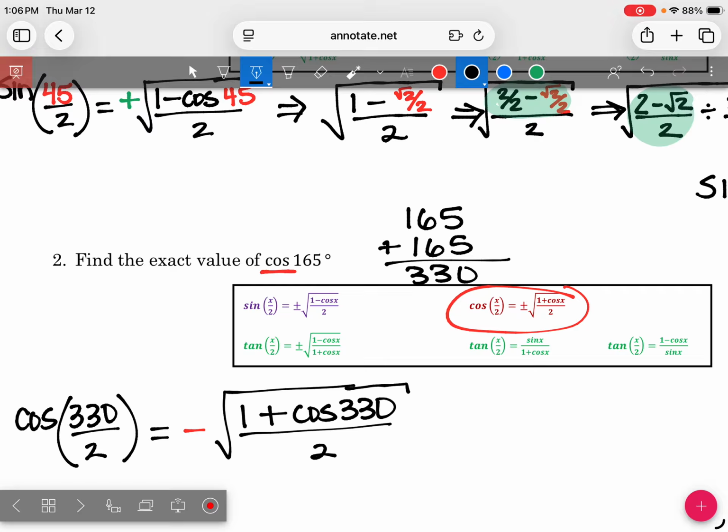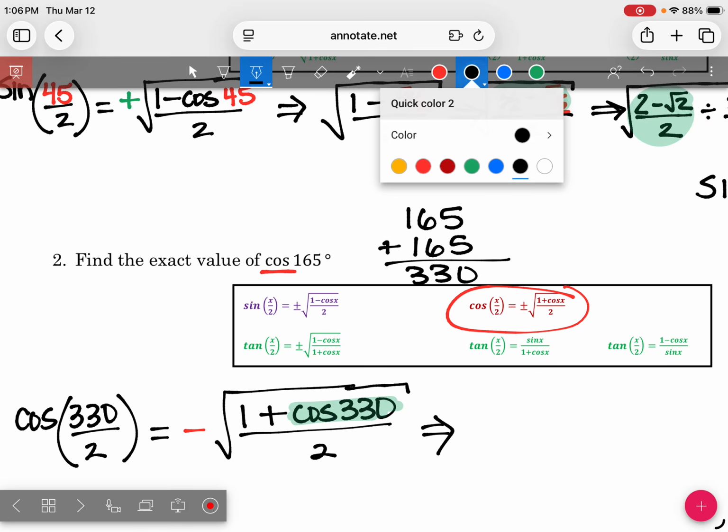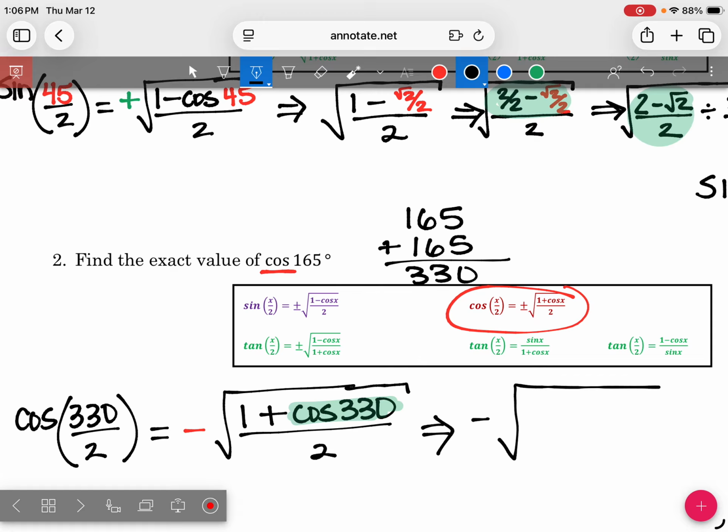And that is what we're going to do. So now we're going to our unit circle to find 330 degrees. And what is the cosine of 330 degrees? Square root 3 over 2. Positive or negative square root 3 over 2? Positive.